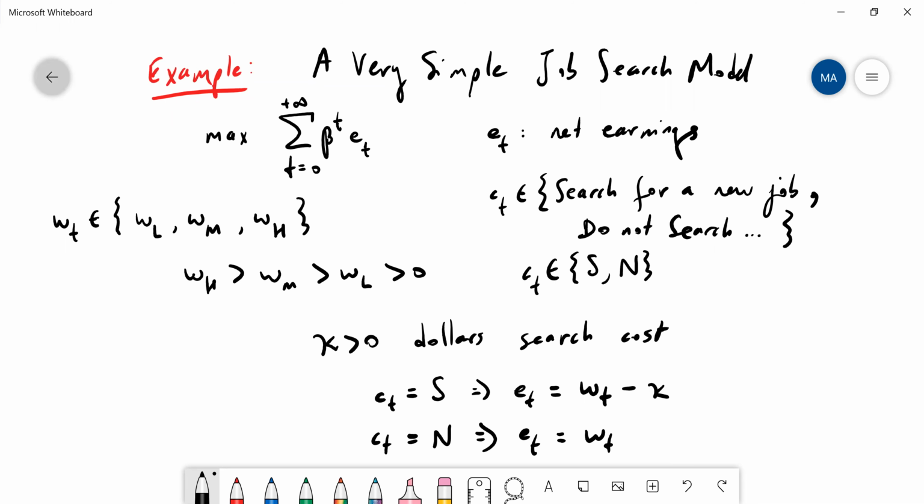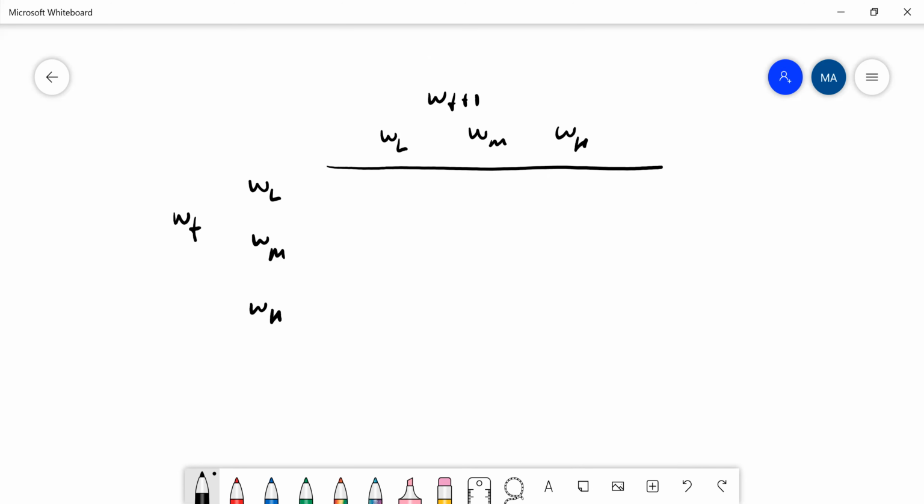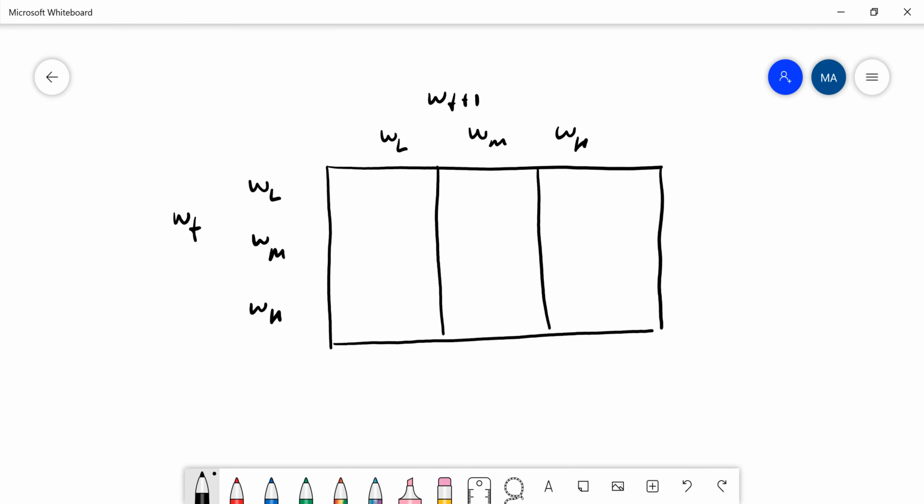To complete the description of the economy, we have to talk about the state transition equation. So here's the idea. So there's WT, there's WT plus 1. So here we have WL, WM, and WH. Here we have WL, WM, WH, okay? So obviously I'm talking about a Markov transition probability matrix, okay?